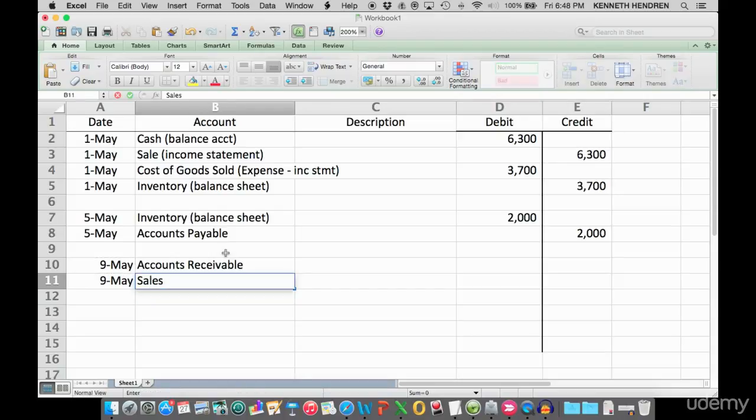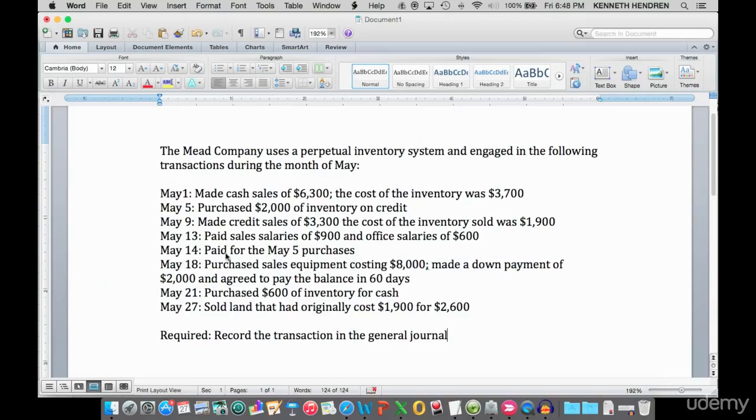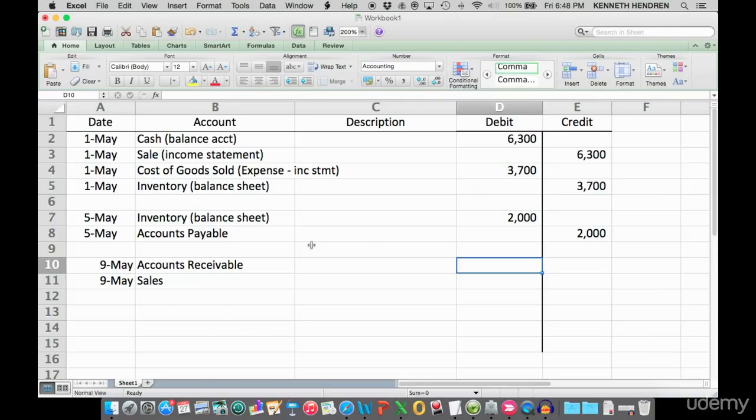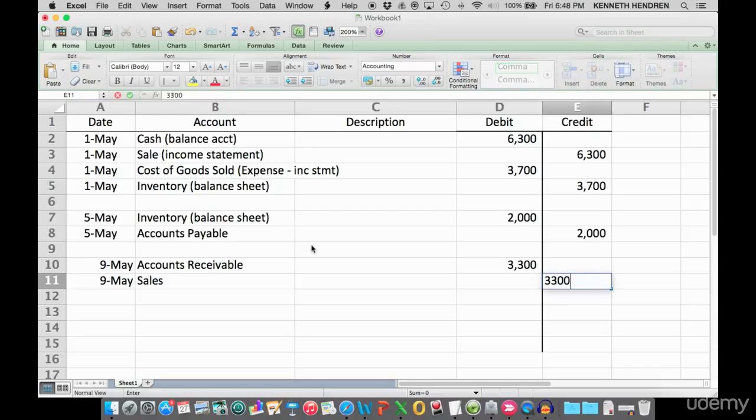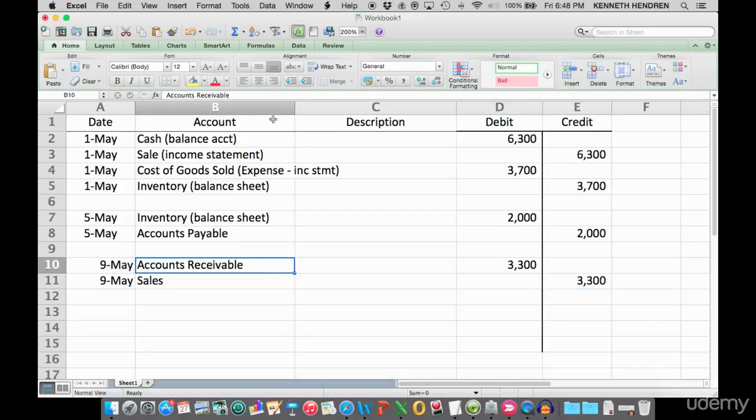And then we have sales. Accounts receivable is an asset, and it's going to go up $3,300. And we have credit sales, $3,300. All right, and accounts receivable is an asset on the balance sheet. And sales, of course, is income statement.